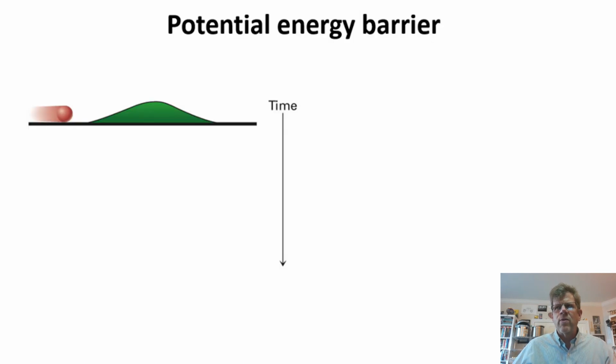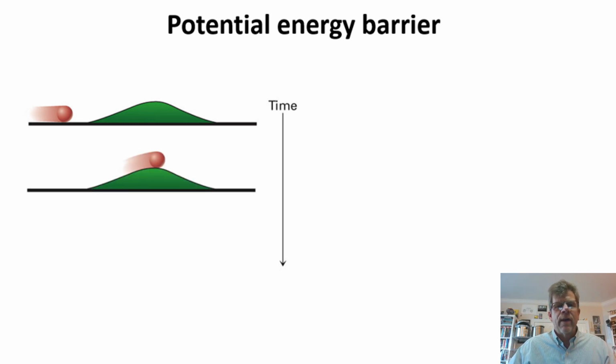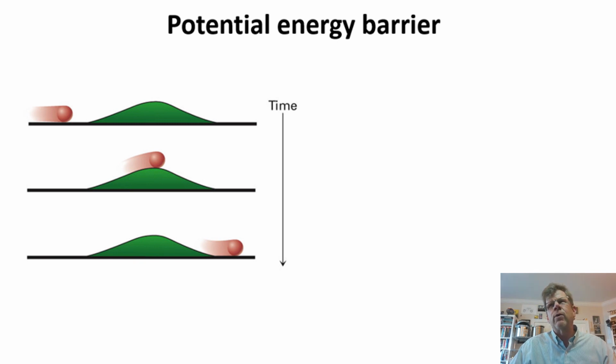This activation energy, this energy barrier, can be expressed sort of with an analogy. If you see this marble moving towards this hill right here, and if we have enough kinetic energy with respect to that marble, it can make it up and over the hill, similarly to the analogy of going over that energy barrier, going from reactants to products.